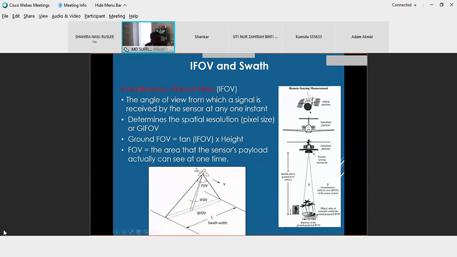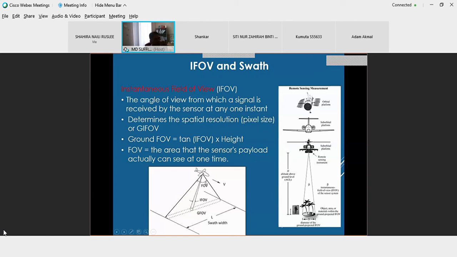So IFOV will determine the spatial resolution, the pixel size, or what we call GIFOV, the ground instantaneous field of view. From the FOV, we know the IFOV or pixel size.